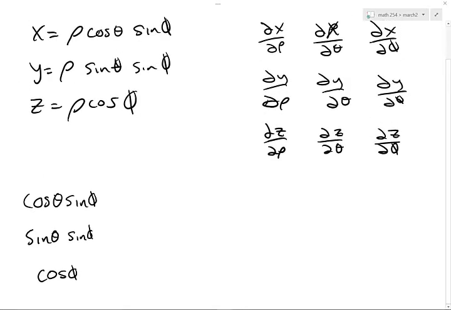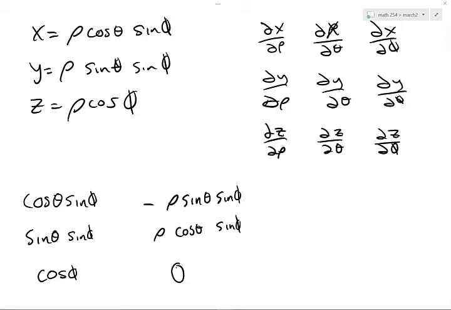Nice. Now, let's do with respect to theta, shall we? So with respect to theta, the top one's going to end up being negative rho sine theta sine phi. The middle one is going to end up being rho cosine theta sine phi. And the bottom one's going to be a big fat 0, because there is no theta.